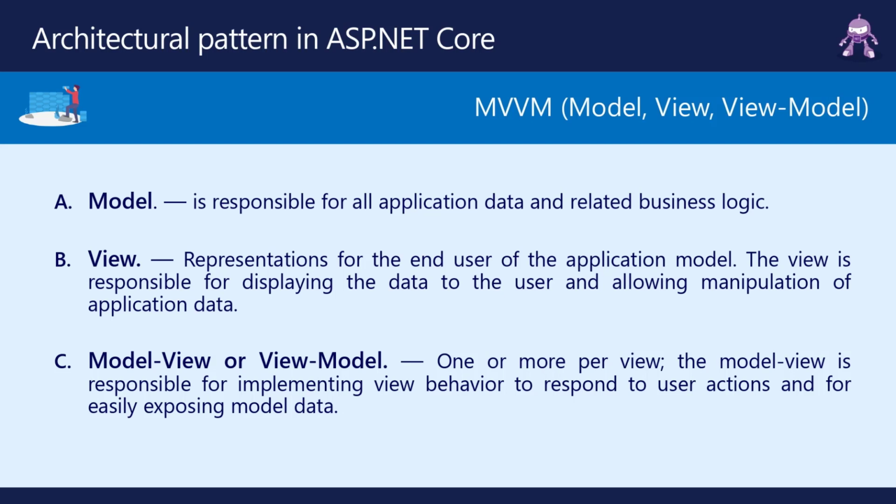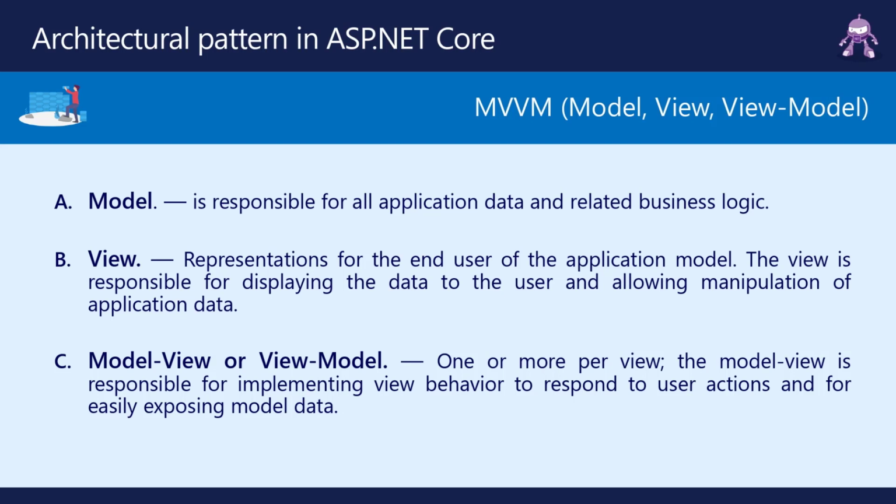On the other hand, the view has the mission to represent the information through the visual elements that compose it. Views in this pattern are active, containing behaviors, events, and binding to the data. In other words, the view is responsible for displaying the data to the end user and allowing the manipulation of the application data.